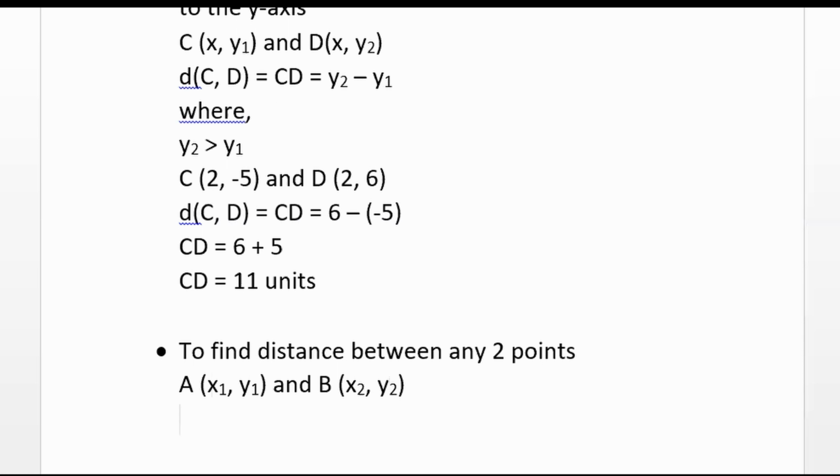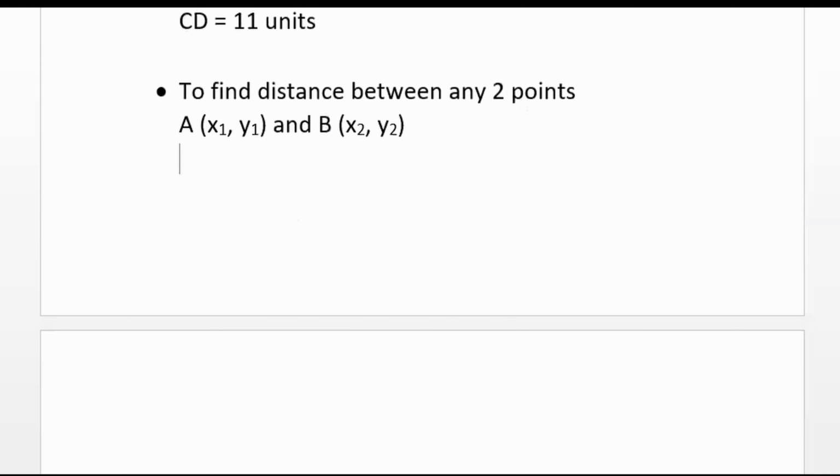So the distance between points A and B is given as AB is equal to the square root of (x2 minus x1) whole square plus (y2 minus y1) whole square.